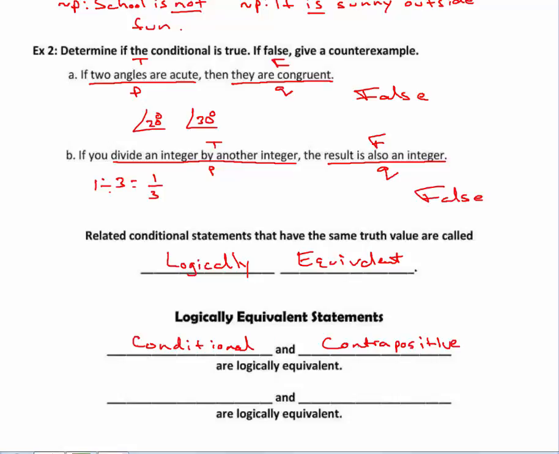So if those both have the same truth value, if this one's true and this one's true, then they're called logically equivalent. And the other ones are the converse and the inverse. And again, if they both have the same truth value, then they're logically equivalent.